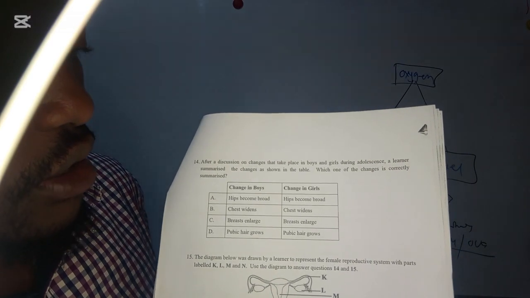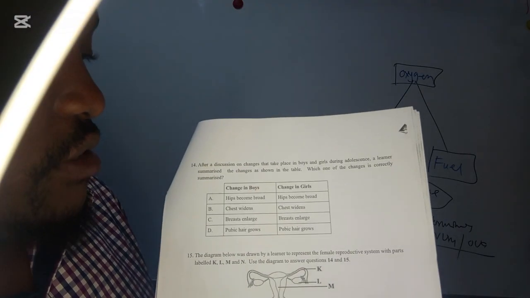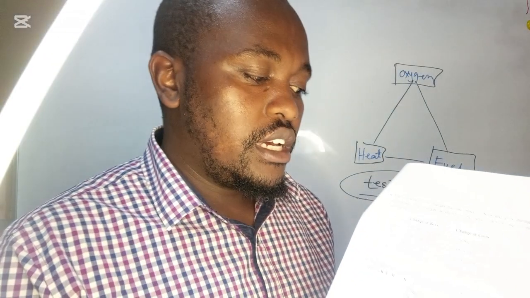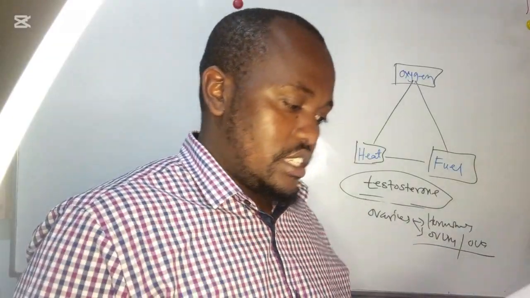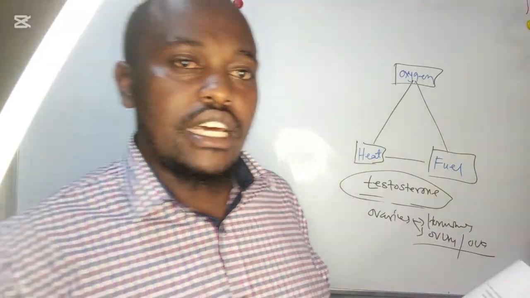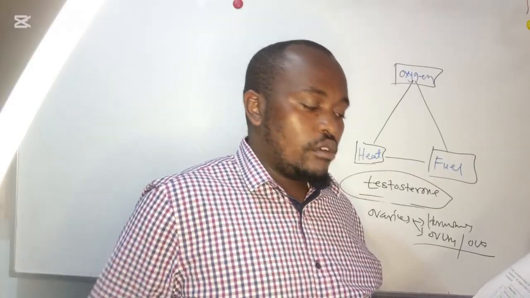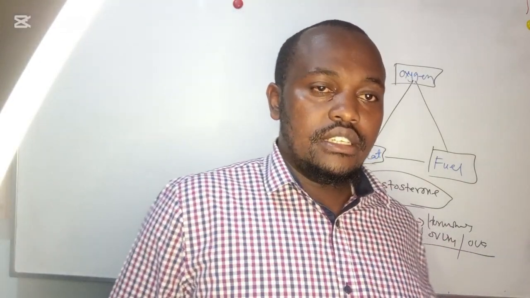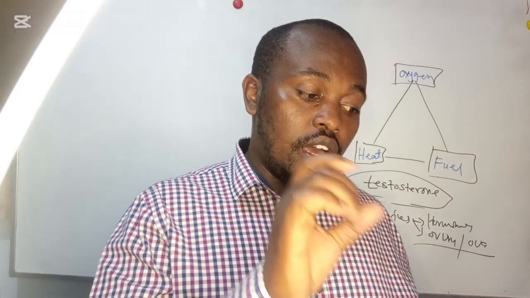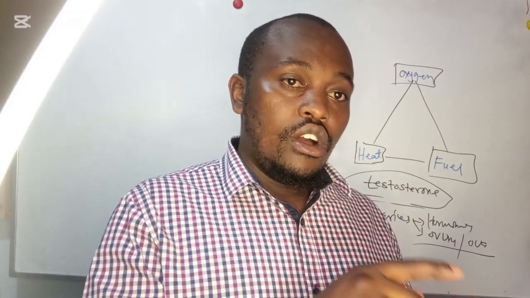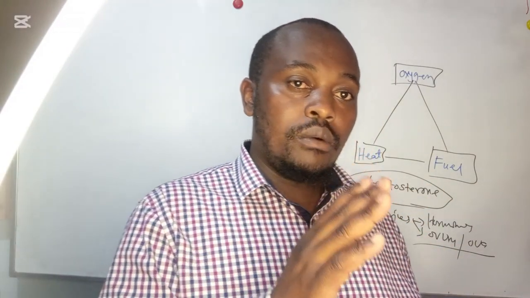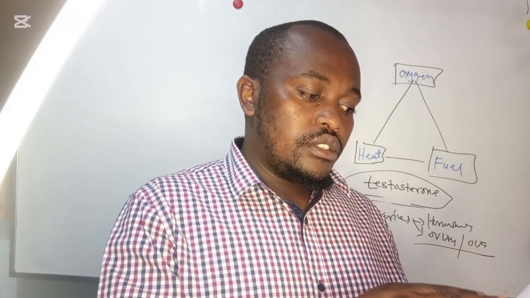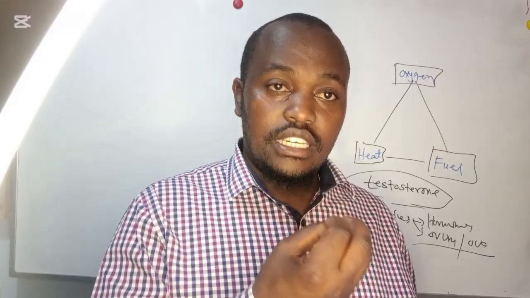D, pubic hair grows for both boys and girls. That is correct. So what are the changes? You need to know the changes that occur during adolescence for both boys and girls, and which occur for only one gender. For boys, voice deepens.